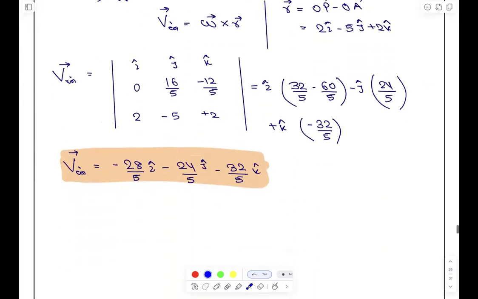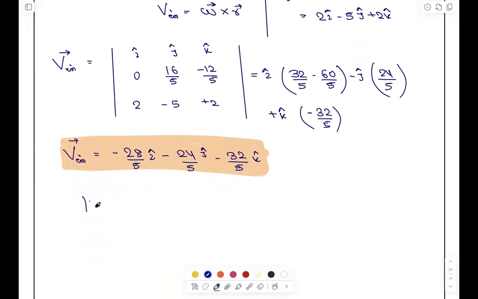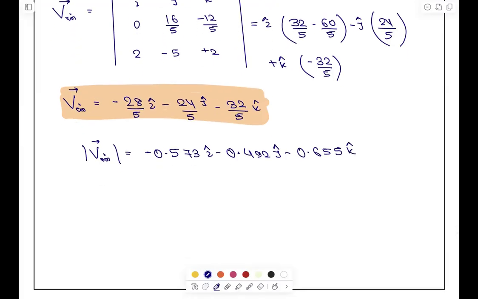So you have to solve it further and find mod V. Again, it will be squares, and if you do this, it is coming out to be minus 0.573 I cap minus 0.492 J cap minus 0.655 K cap. Use a calculator, you will be able to get that.